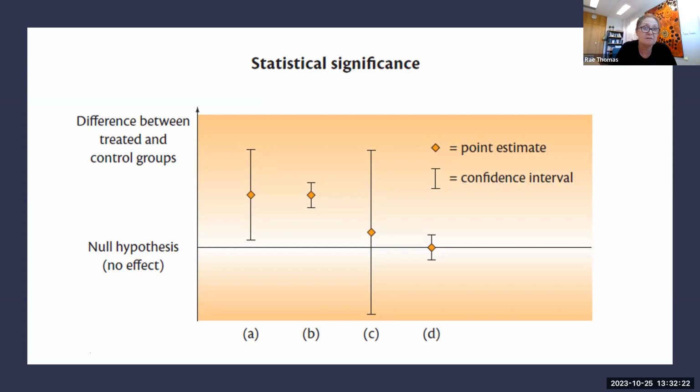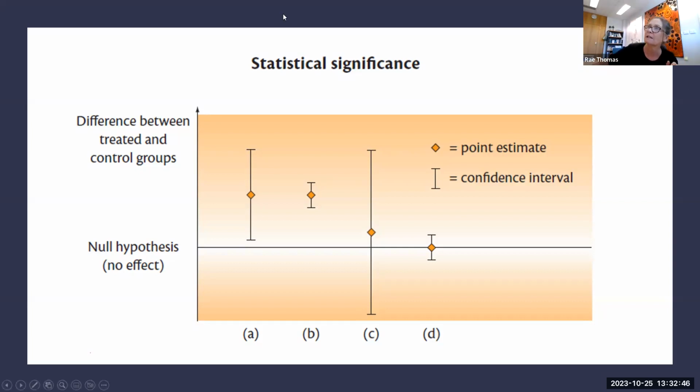It's the line of no difference, right? This is just a pictorial example. The little diamonds there are called point estimates, right? That's the number that came before the confidence interval, before the brackets. And then the lines that you see spread out, with little truncated ends, they're the confidence intervals, right?